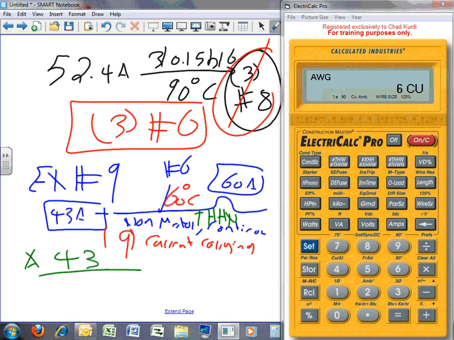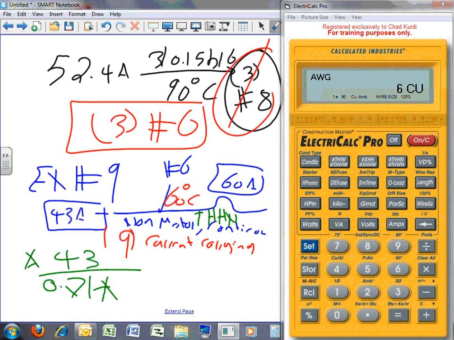Anybody come up with something different than 0.71 for 60 degrees Celsius? This is from table 310.15(B)(2)(a). Right? Phil, I'm looking for somebody to agree with me. It's 0.71.